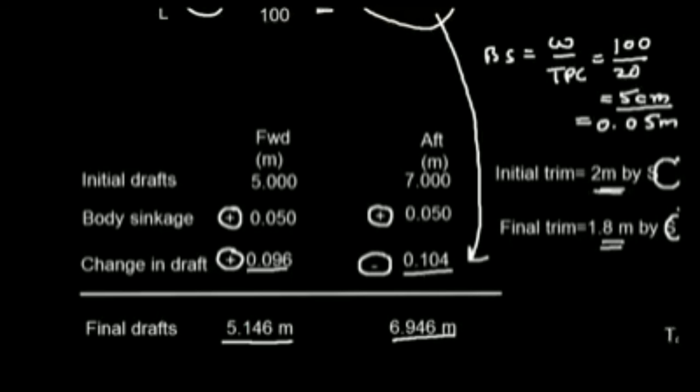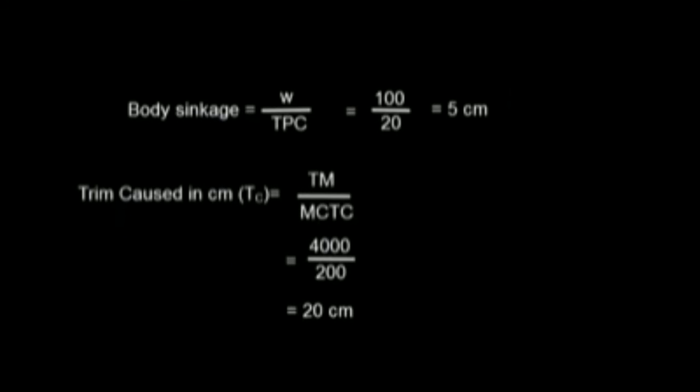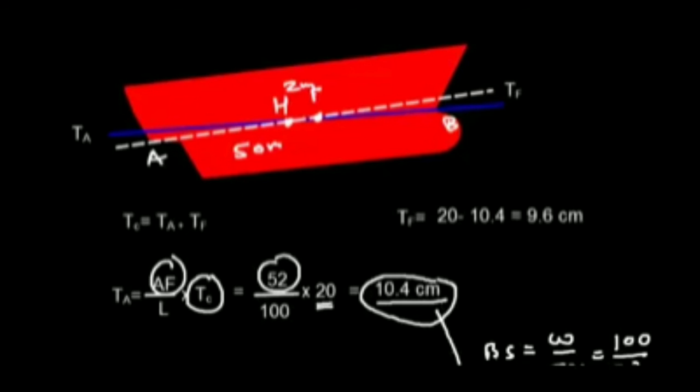That means my trim cost TC is 0.2 meter by head or 20 centimeter by head, and that is what we had exactly calculated here. The trimming moment was 4000 ton meter by head, and trim cost was trimming moment divided by MCTC, which was 20 centimeter, and the direction has to be by head because the trimming moment is also by head. So that serves as a cross check as well about this problem.